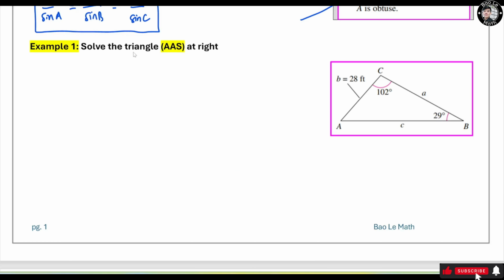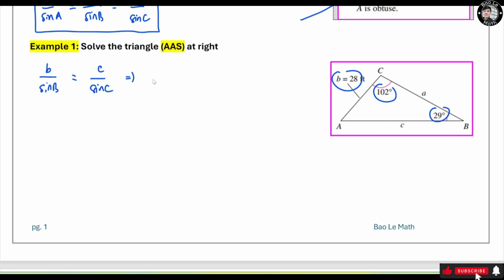Example number 1, we need to solve the triangle, AAS, right here. So, we need to use the law of sines to solve for all the side lengths and all the angles, right? So, we're given b, angle C, and angle B right here. So, we have b over sine B equals c over sine C, right?